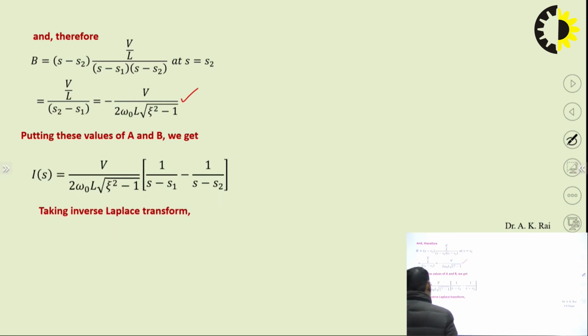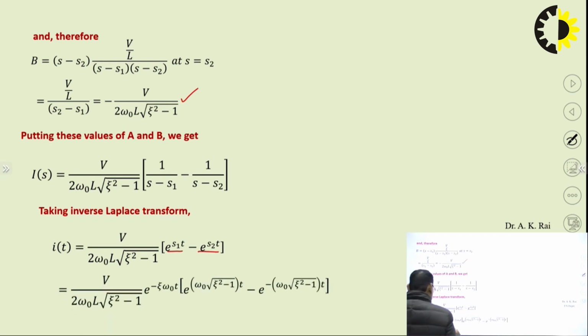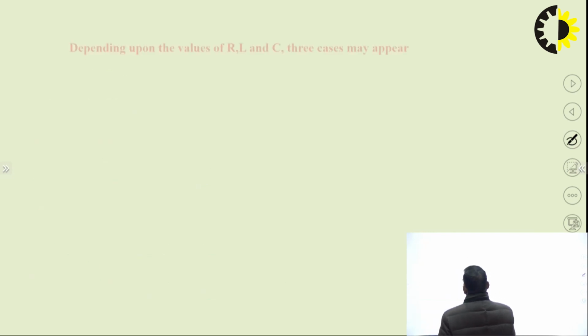Then take the inverse Laplace transform, we get I(t). Now here we can put the value of S1 and S2, so we get these expressions for I(t) in time domain, when the input is a step input.